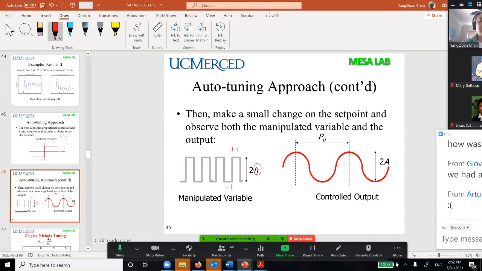Then your output is oscillatory. From there, you can measure the peak to peak distance here. That is your period, called the ultimate period. Then you also measure the peak to peak magnitude, which is 2A.